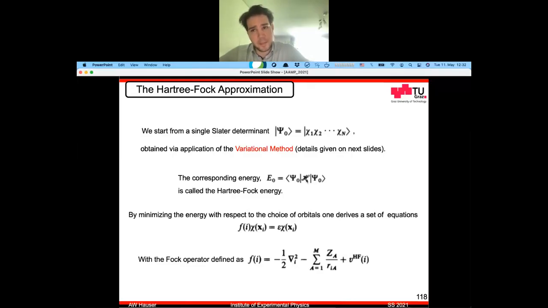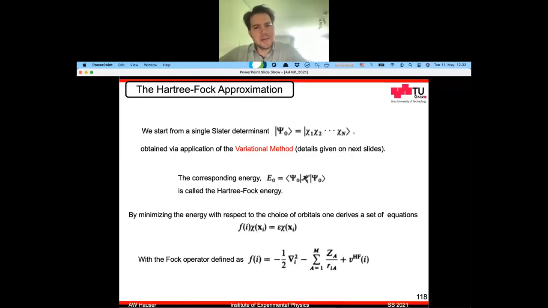This is the lowest electronic energy state the system can be in. So it is the expectation value of the Hamiltonian when sandwiched from left and right with this wave function psi naught. Okay, so this would be the energy.